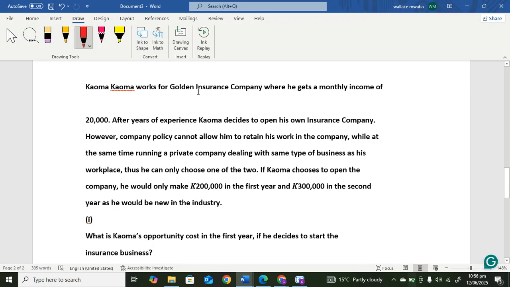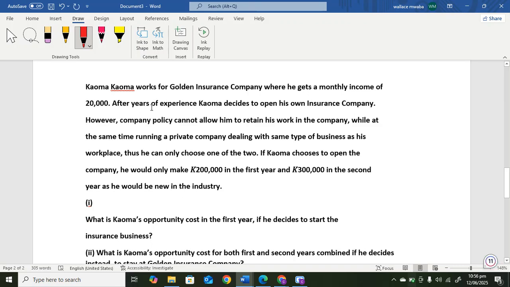Kaoma works for Golden Insurance Company where he gets a monthly income of 20,000. After years of experience, Kaoma decides to open his own insurance company. However, company policy cannot allow him to retain his work in the company while at the same time running a private company dealing with the same type of business as his workplace. Thus, he can only choose one of the two.